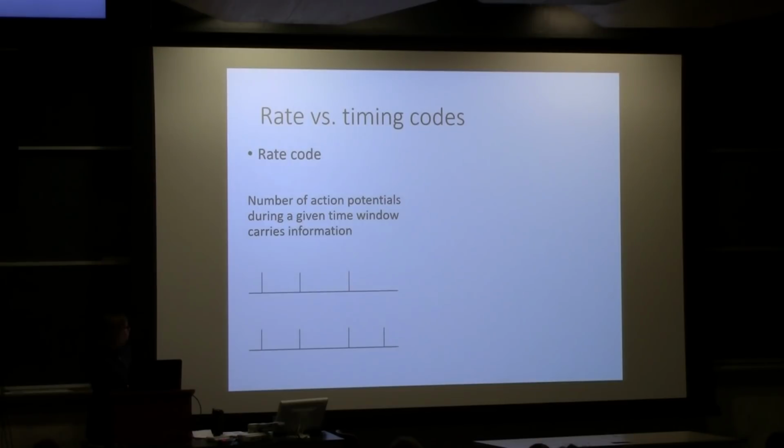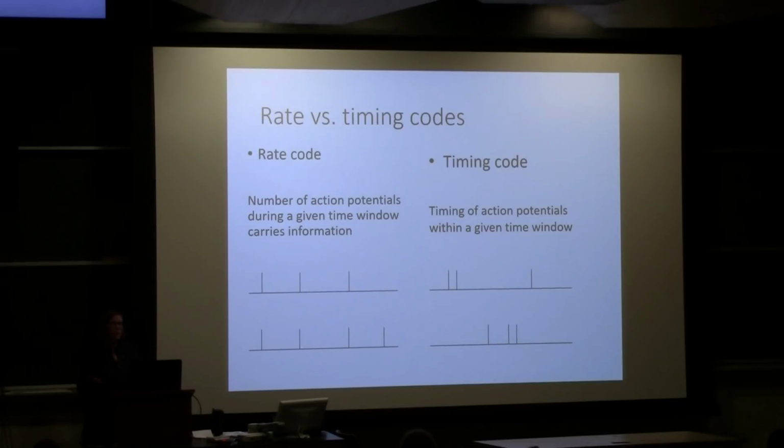So you can look at these two experiments, or two firing rates, and you can see that the number of action potentials during a given time window is carrying information. And the firing rates here would be pretty comparable, right? So here, within this same time window, you can see 3 spikes, but they're organized in a very different way.